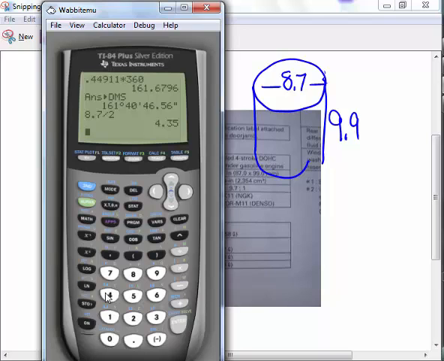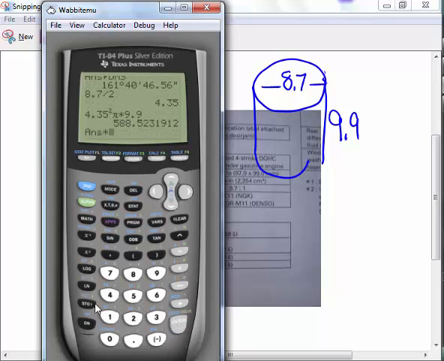So if we square that, multiply that by pi, and multiply that by 9.9, we get the size of one piston.